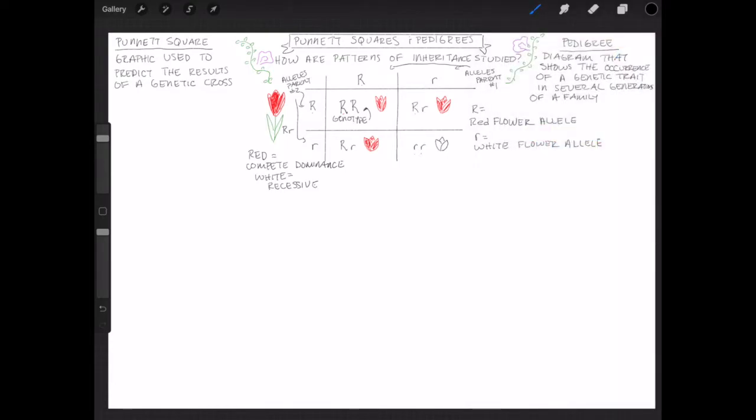Okay, so let's think for a second that the Punnett square is really showing all of the possible allele combinations in the offspring.